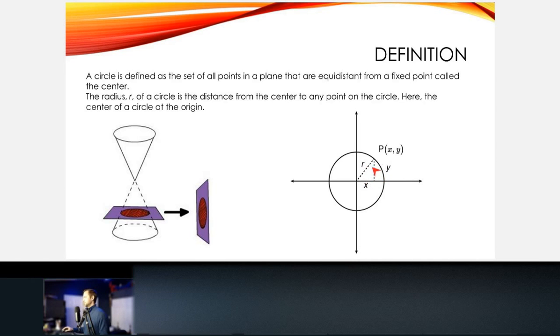Radius r. To this point here, we have x and y, and this is the Cartesian coordinate. And then your point is x comma y. Nothing new.